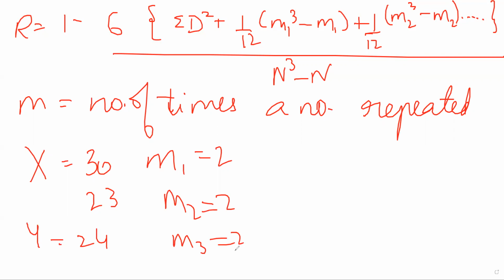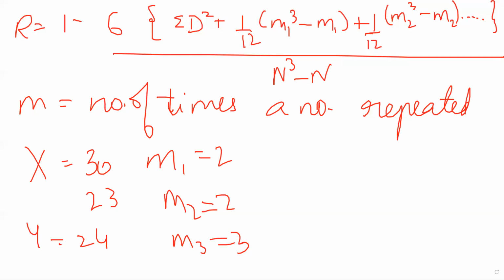Let us suppose in the Y series, 24, instead of repeating 2 times, had repeated 3 times. This M3 would have been 3. Do you understand the difference? Depending on the number of times one particular value is repeating, that number is assigned.